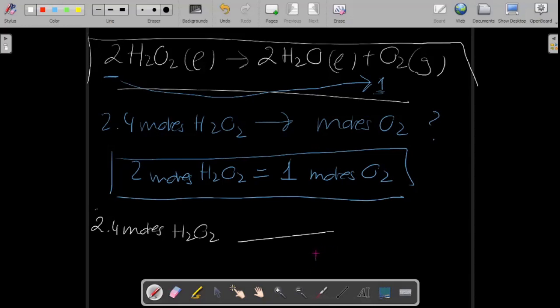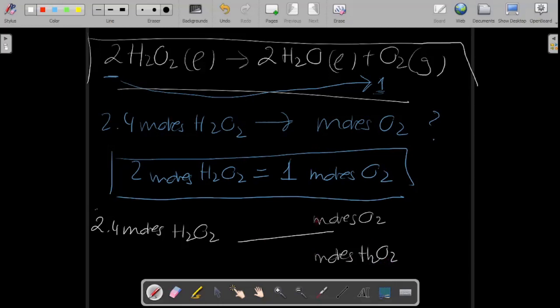I'm trying to get rid of my moles of hydrogen peroxide. I want to know how many moles of oxygen this reaction will be able to produce if I start with 2.4. Well, I do have a way to relate them. I read the recipe. The recipe said 2 to 1. Well, let's put the numbers where they belong.